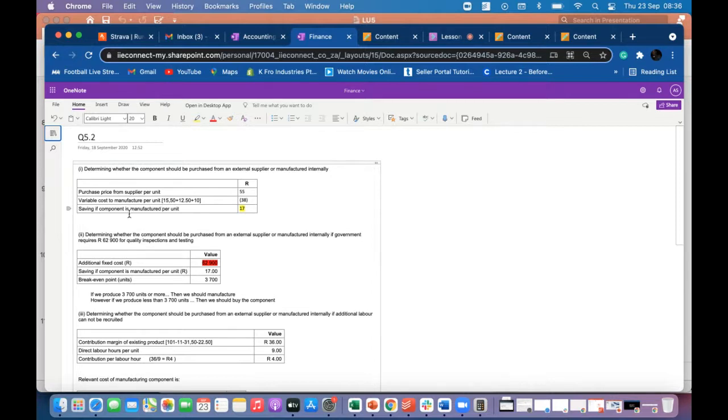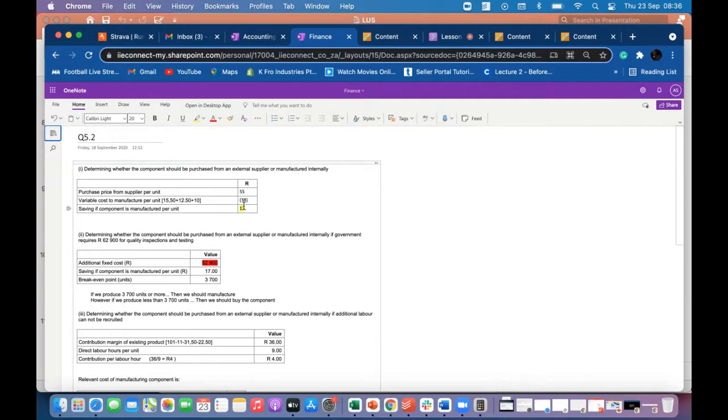Because fixed costs, remember, fixed cost is in relation to your lights, your telephone bill, your rent. Those things are not costs that result from the number of units that you make. Remember, your electricity is always going to be that amount. Your rent is going to be what it is, regardless of whether you produce a unit of your product or not.